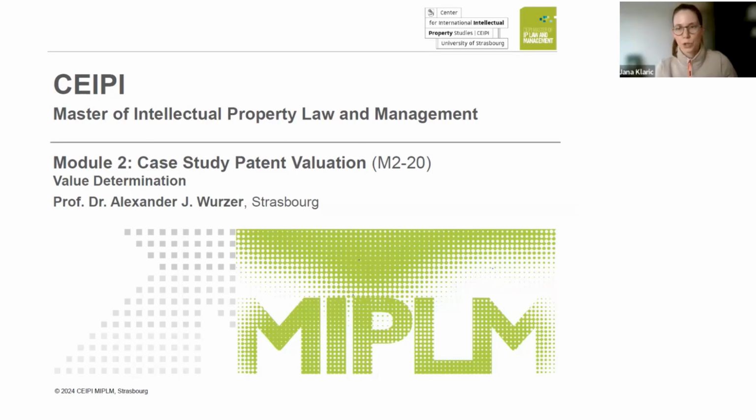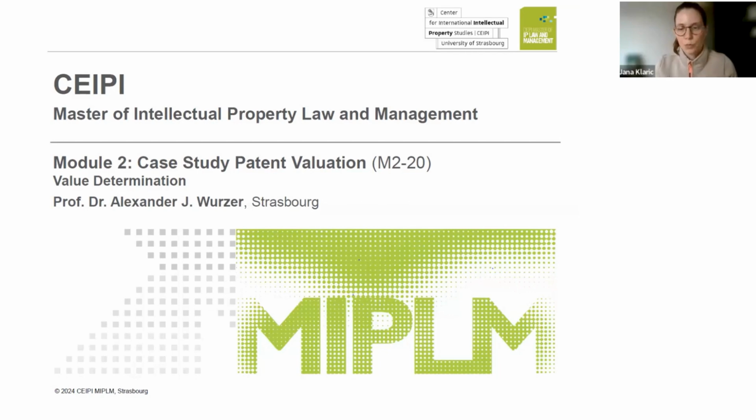The potential buyer is Bauma AG, a manufacturer of construction equipment, and Bauma AG has appointed Mr. Q, head of IP management, as a patent evaluator, with the task of evaluating the patent in question.